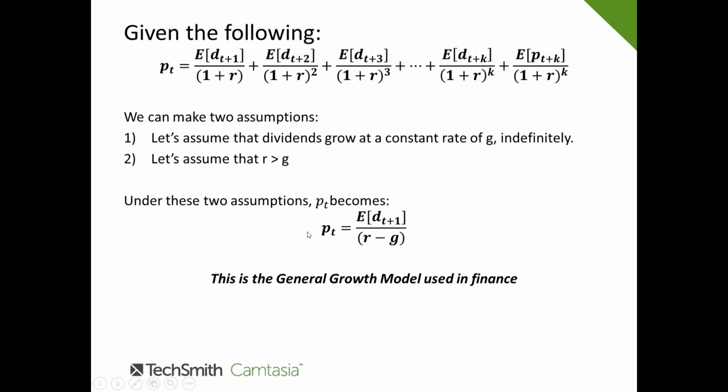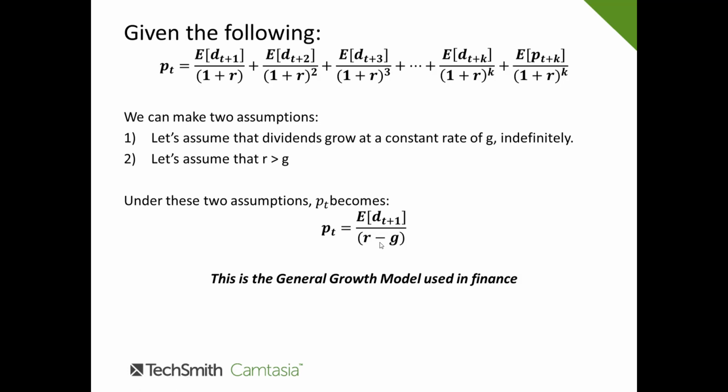Under these two assumptions, my discount model can be shown to simplify to the general growth model that we've been using in finance, which is that the price of the asset in time period t is equal to the expected dividend to be paid out next period divided by r minus g.